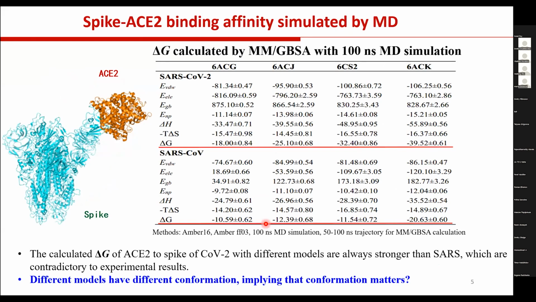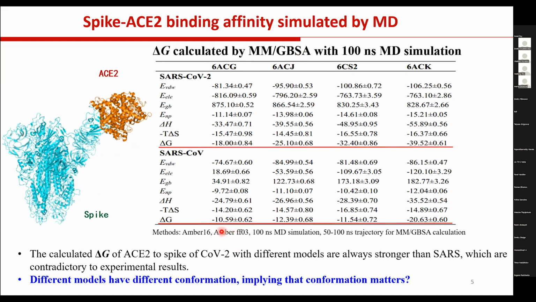Similar to the RBD domain, there are some crystal structures available for SARS spike protein complexed with ACE2. Based on these crystal structures, we constructed 3D models for the complexes of SARS-2 spike and ACE2.